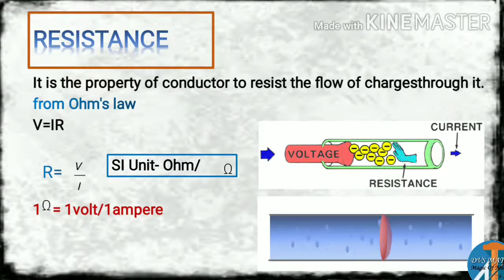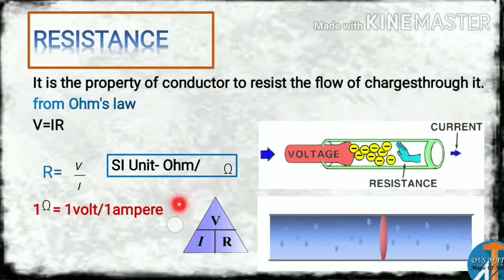You can change this formula as per your requirement. If they ask you to find voltage, write V is equal to IR. If they ask to find the resistance, write R is equal to V by I. Sometimes they ask to find the value of I. For that we have a triangle showing the relationship between V, I and R, which is easy to remember.